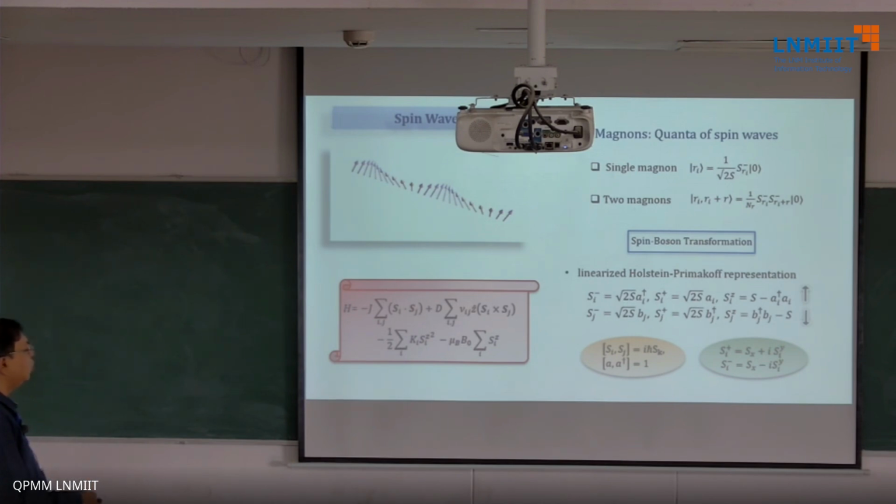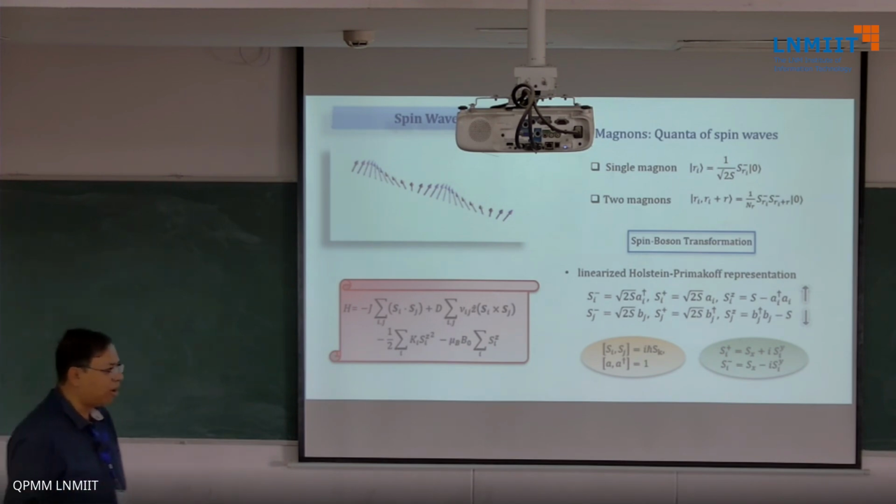There are only certain approximations that you can use, or you can do some transformations. These are called the Holstein-Primakoff transformation, which basically does a linear spin wave theory and converts the spin operator into boson operators, and then you write down this Hamiltonian in terms of these a dagger operators, and then it becomes a non-interacting bosonic problem.